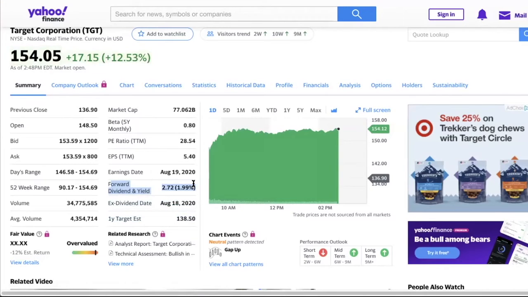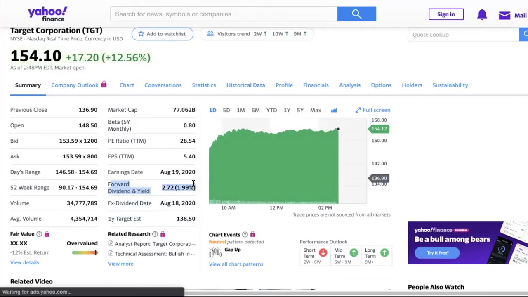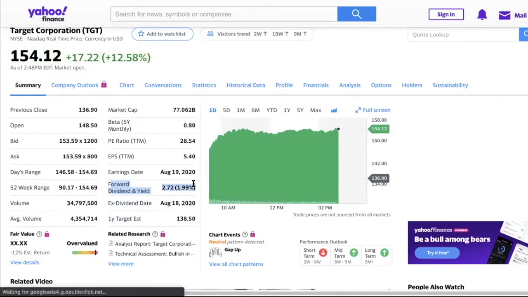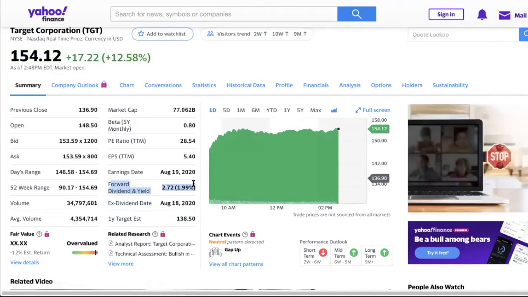The $2.72 is a 2% return, almost 1.99%, while for Apple, it was under 1%. That is because Apple stock costs a lot more than Target stock. Even though the dividend amount is higher, it is actually less compared to how much you need to spend on one share. If I invest the exact same amount of money in both stocks, my return will actually be higher for Target.